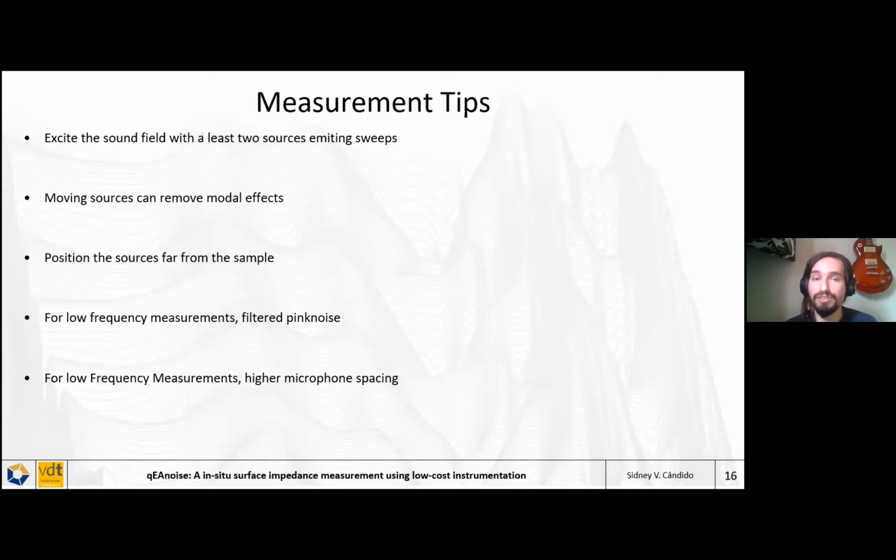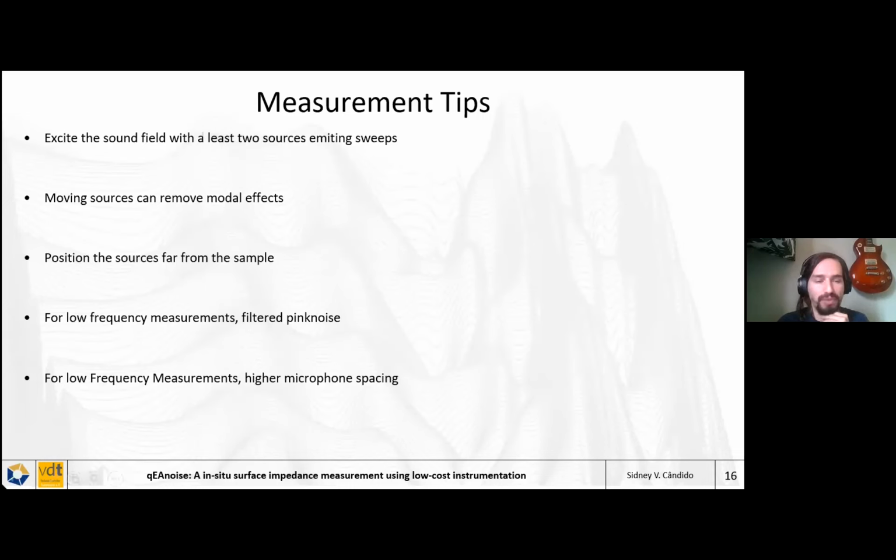Moving sources can remove the modal effects, because you have different locations in a room, so that will generate different FRFs, like Luis was talking about. Different source location, different FRFs, different pressures. When you're moving, you physically move the data, which is very nice to see. Position or move the sources far from the sample.